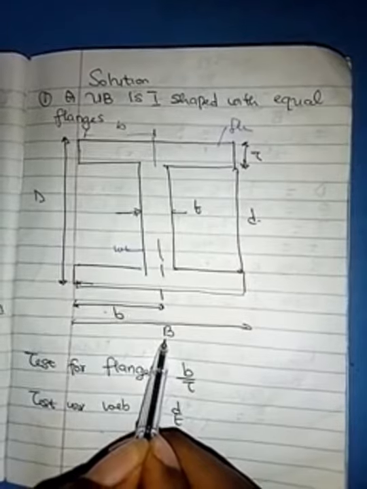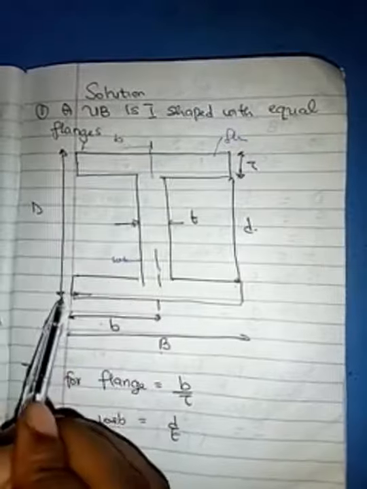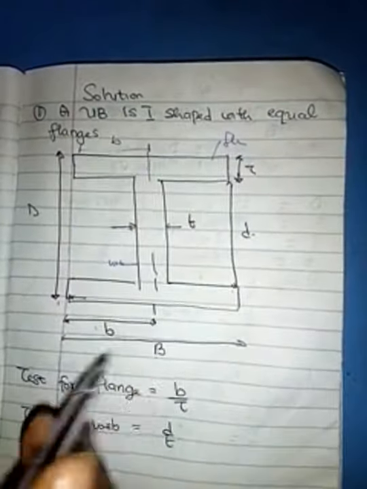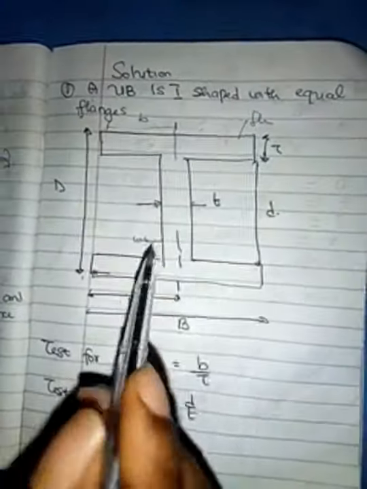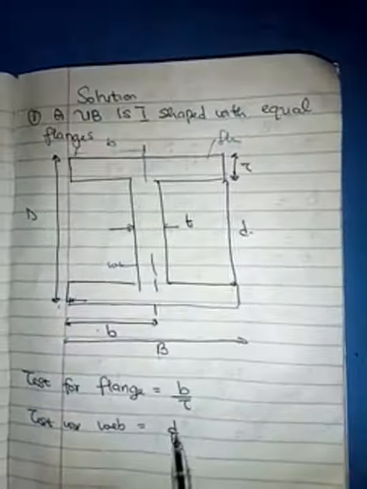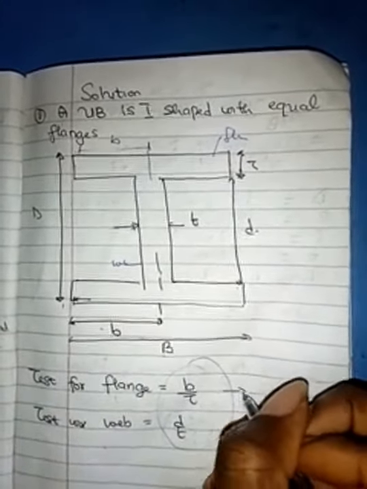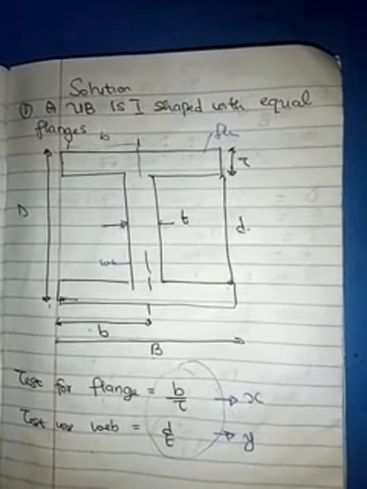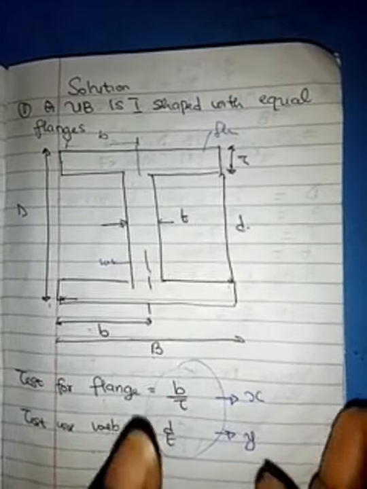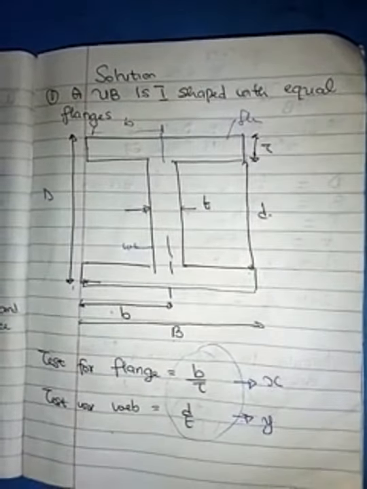The big B is the width of the flange. Small d is the distance between the two flanges, and big D is the overall depth from the top here. Just get familiar with these, because we are going to get our flange dimension, which is B over T, and our web dimension, which is d over t. Super important, we are going to be using these for calculations. I can call this my B over T x, and this my d over t y, or anything you want to call it. After this, we are going to start taking all our calculations step by step. Hope this part is clear.